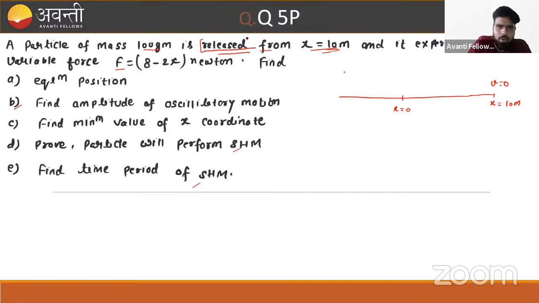Because the problem says it is released, and if a particle is released at this point and its speed is 0, it is nothing but the rightmost point of the particle. We can also say this is the extreme position of the particle.